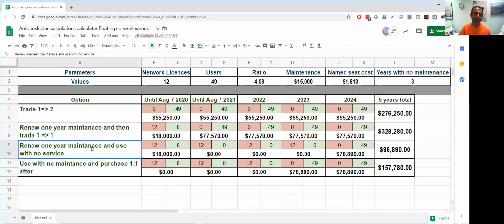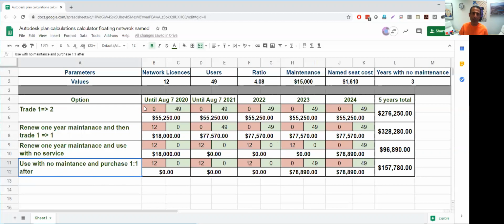The third one is to renew maintenance for 1 year and then use without service for 3 years, as in the model here, and then pay full price for the product. And the last one is starting with not renewing and then paying for the rest. And we're looking at a time frame of 5 years.